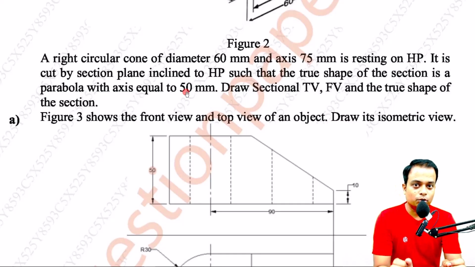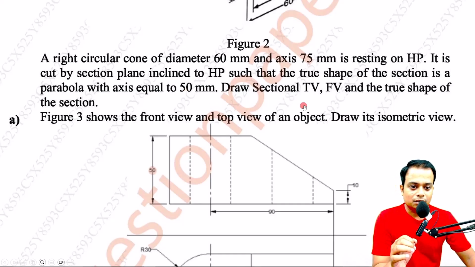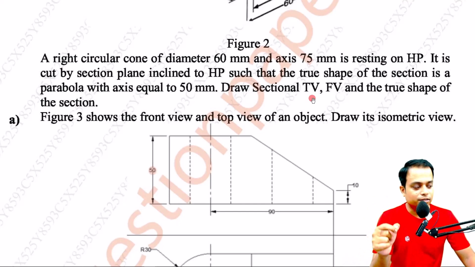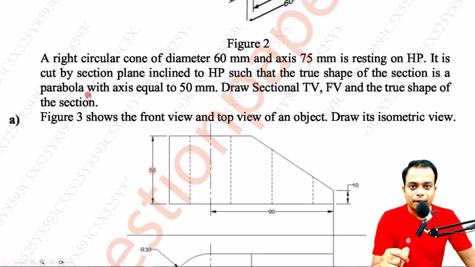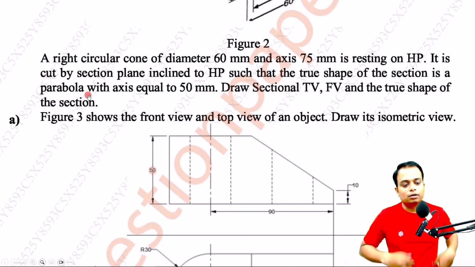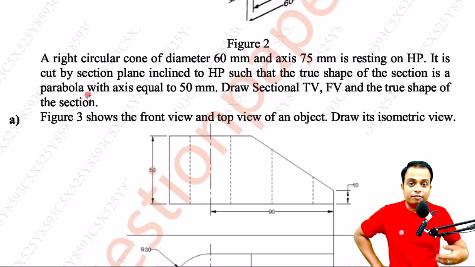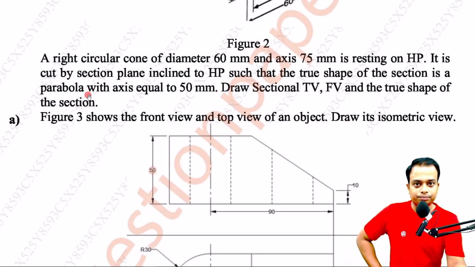What you need to draw is the sectional top view. You can see the section from the top. That's why we call it sectional top view, front view, and true shape of the section, which obviously is going to be a parabola. Now, back when I taught all of you the topic of conic sections, where we learned the different methods of tracing a parabola, hyperbola, and even ellipse, this is somehow associated with that very topic.